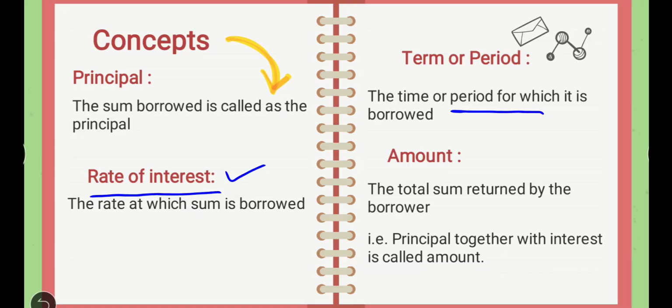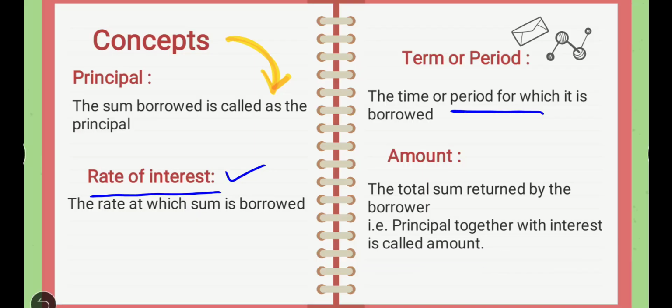Now amount, the total sum returned by the borrower. It means when we take a loan from the bank, we have to repay the principal as well as the interest on it, which is called the amount. So principal plus interest is called the amount. We can say that amount is equal to principal plus interest.